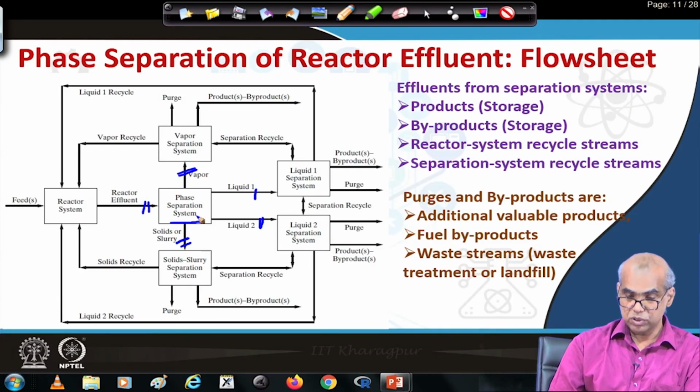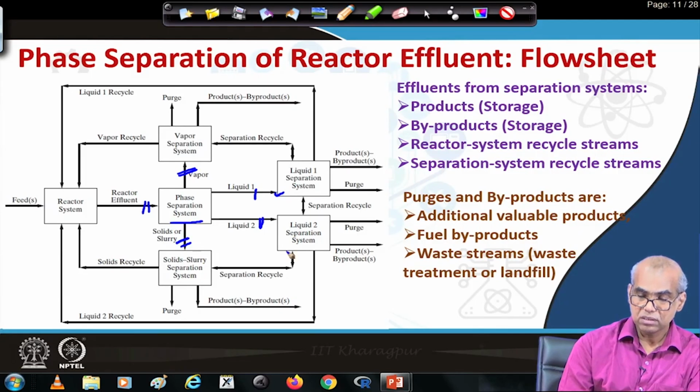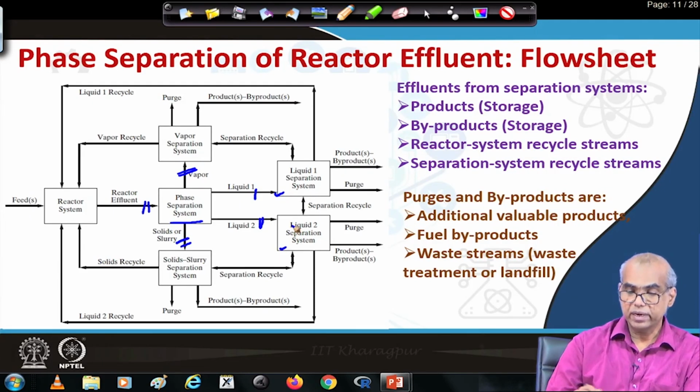Now, the liquid streams, there are 2 liquid streams shown in the flow sheet. Both the liquid streams go to individual liquid separation systems, from which we can take out products or byproducts.